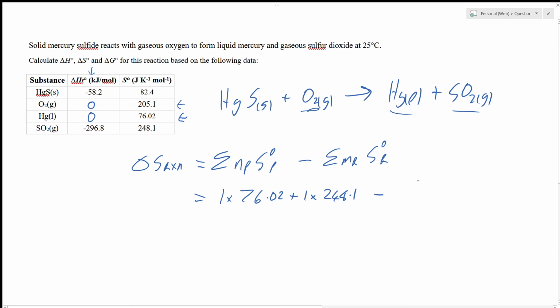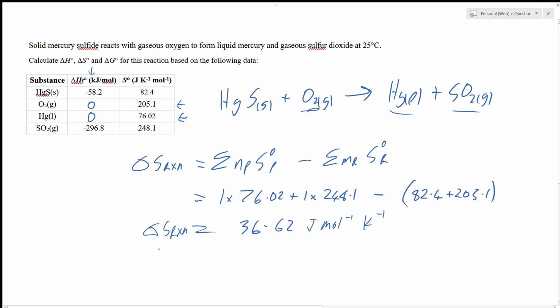We're going to take that away from the sum of our two reactants. So first of all, we've got mercury sulfide, which is 82.4, and we're going to add that to our oxygen, which is 205.1. And totally, that's going to work out to be a value of 36.62 joules per mole per Kelvin. So that's our delta S of our reaction, our entropy of our reaction.